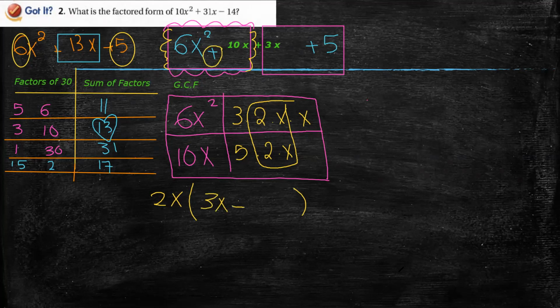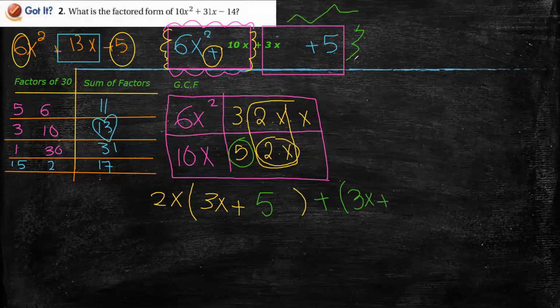It's a plus. And if you look at 10x and you remove 2x, what you will get is 5. Then after that, I will write plus and take this one here, which is 3x plus 5. Keep it down as it is.